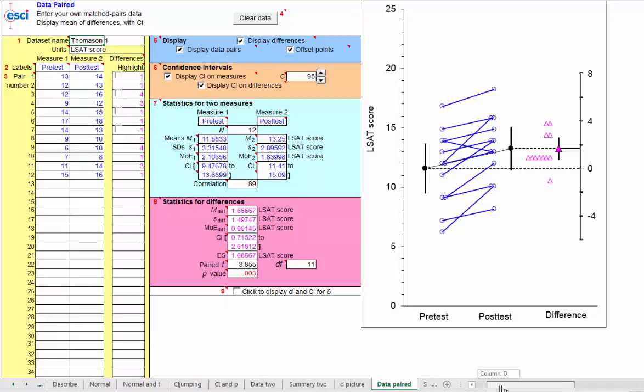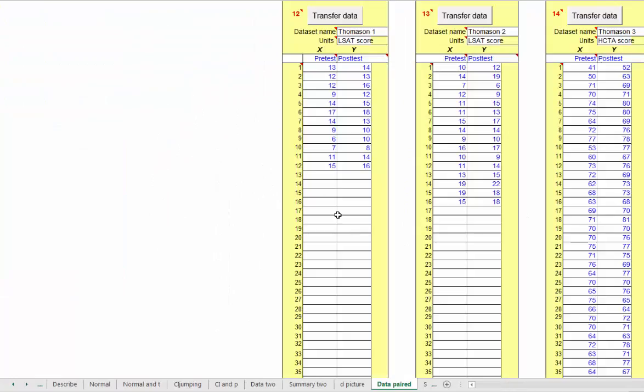As in quite a few ESCI pages, if I scroll out to the right, I've got several data sets here, Thomason 1, 2 and 3, and note that they have different measures, LSAT, LSAT and the HCTA. Do you feel a meta-analysis coming on if we want to combine these results?